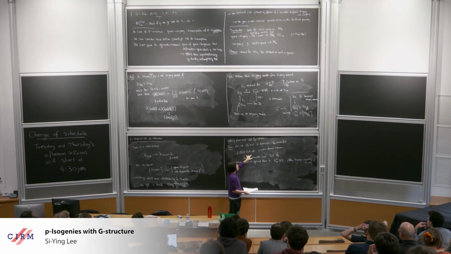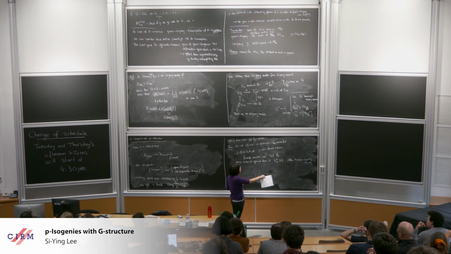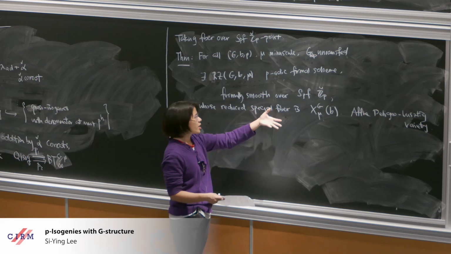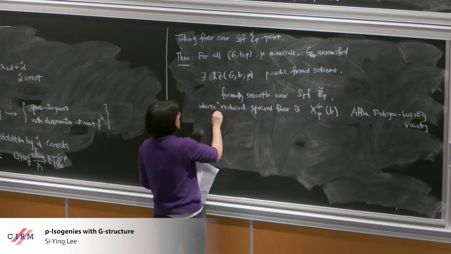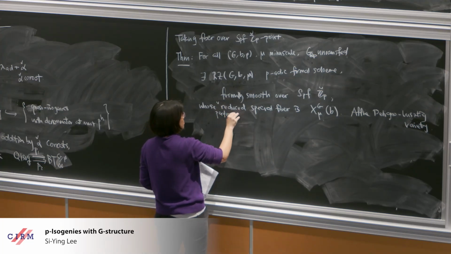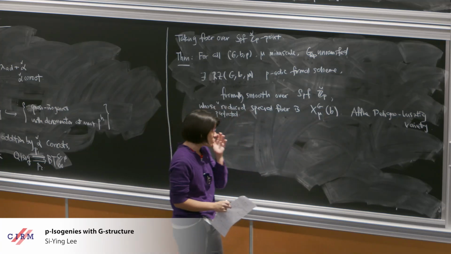You're just looking at a space of all possible quasi-isogenies, as we've defined it, of some fixed G-μ object, which gives an object which is formally smooth and whose perfected reduced special fiber is my affine Deligne-Lusztig variety.